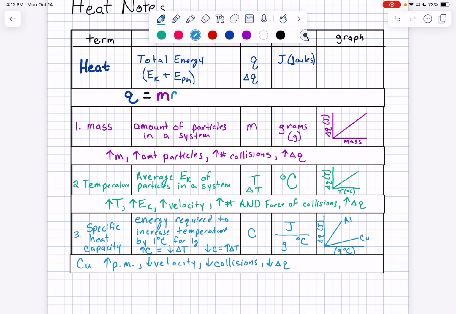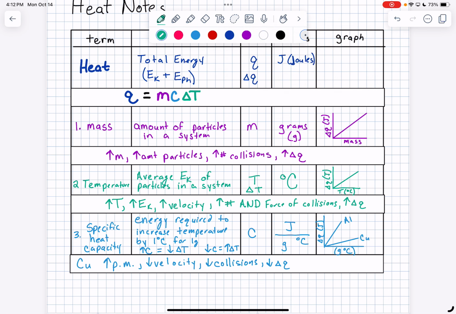So you will often see this equation as MC delta T. So heat can be calculated by taking the mass of the substance times the specific heat of the substance times the change in temperature. And that will give us our answer in joules.